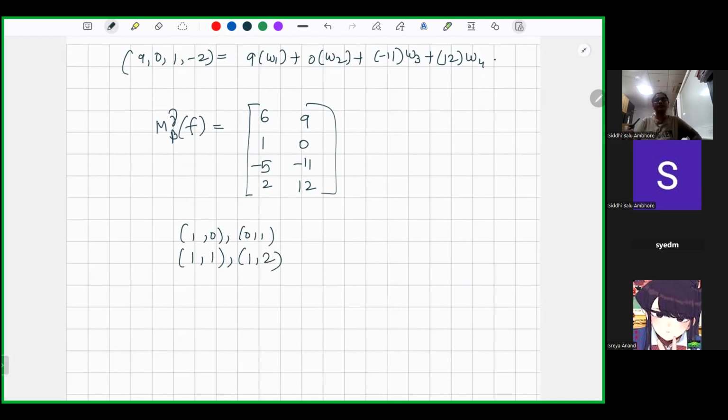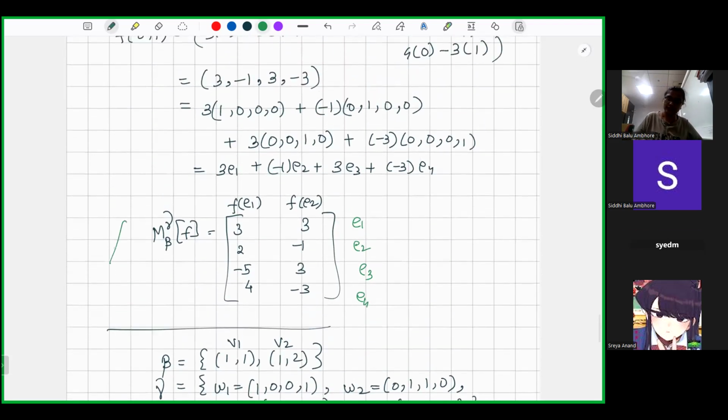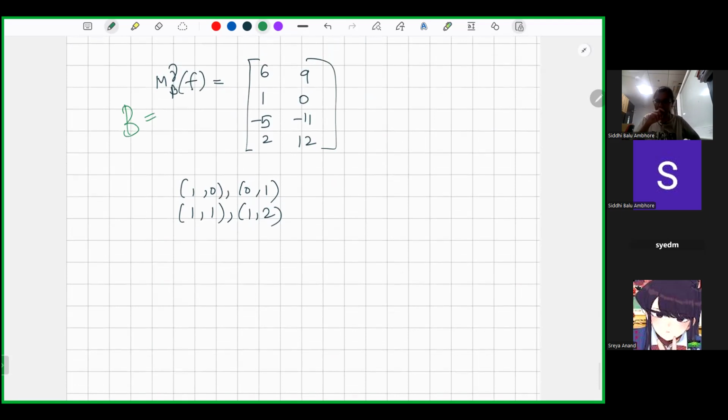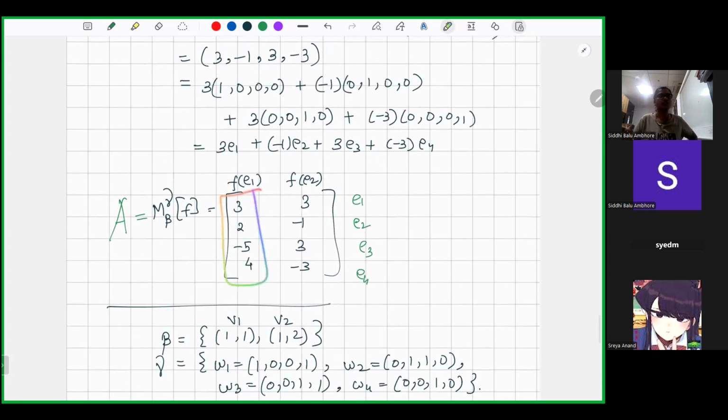If I want to find the image of 1 0 using this matrix, let me call this matrix A and this matrix B. So if I want to find the image of 1 0 using matrix A, this will simply be this first column, right? Because I will multiply this by 1 0, and what I will get is just the first column every time. So the image of E1 is this first column.